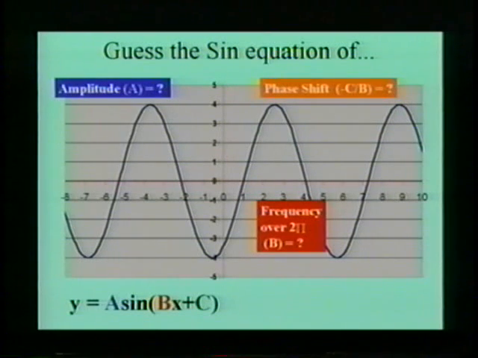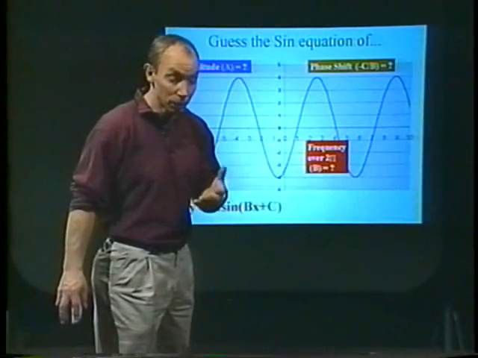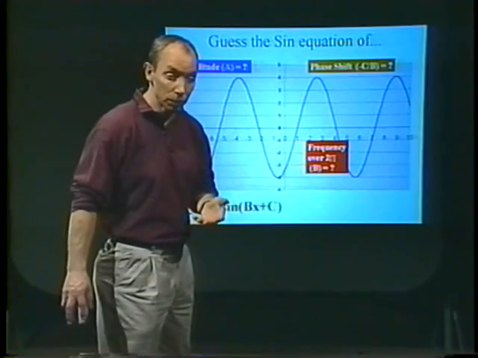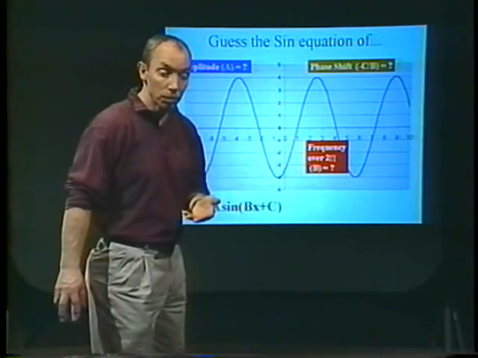The frequency over 2 pi, what's the frequency over 2 pi? Instead of looking between 0 and 2 pi, I'm going to look between 1 and 7, which is about 2 pi. Remember that 2 pi is 2 times 3.14, which is about 6.2 something.